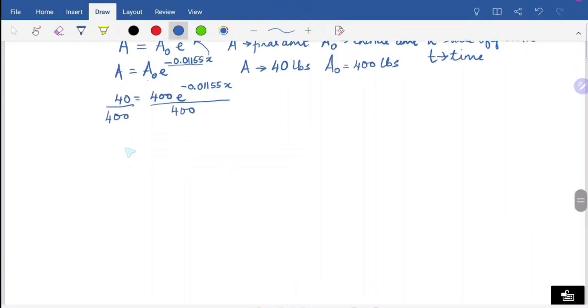So we'll have 40 over 400 equals e raised to the power negative 0.01155x. We can simplify 40 divided by 400 further and write it as 1 over 10. So it'll be 1 over 10 equals e raised to the power negative 0.01155x.